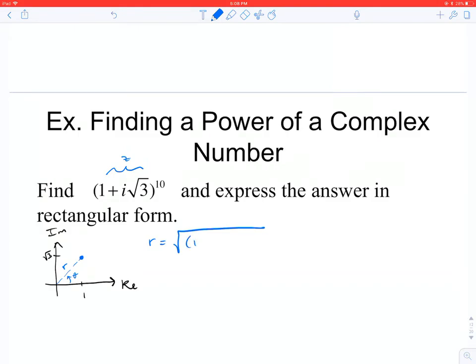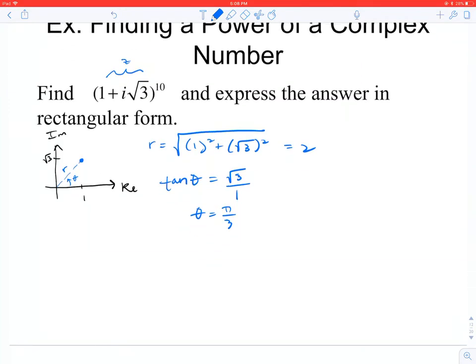Okay, so I need r and I need theta. r I can find by taking the square root of a squared plus b squared, so 1 squared plus root 3 squared. So we get 2 for r, the modulus. And then we can use the fact that tan theta would be equal to root 3 over 1. And since we're in quadrant 1, theta has to be equal to pi over 3.